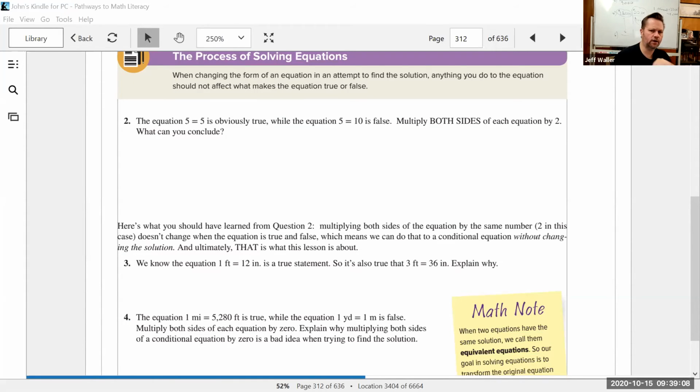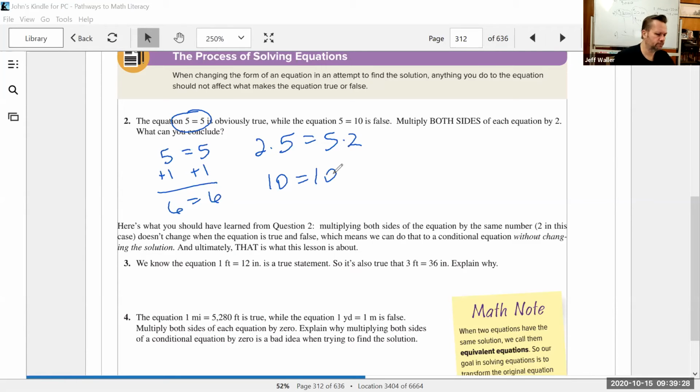If I start with the true statement and I add 1 to both sides, I'll end up with a true statement. If I start with a true statement and I multiply both sides by 2, the statement is still true.